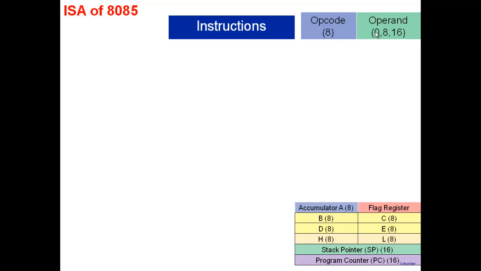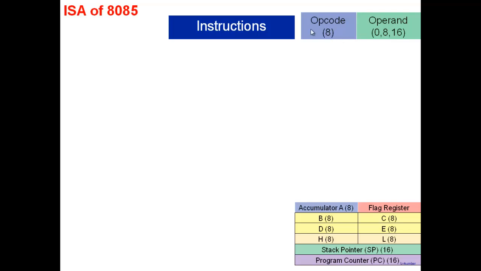It may be that there is no operand. You may be wondering, if there's no operand, what is the opcode doing? Well, the instruction itself implies on which set of registers the addition operation has to be done.